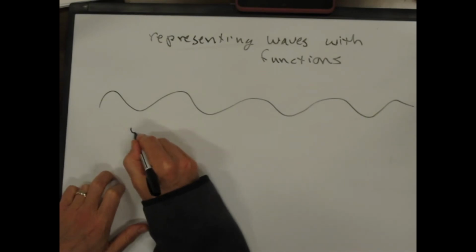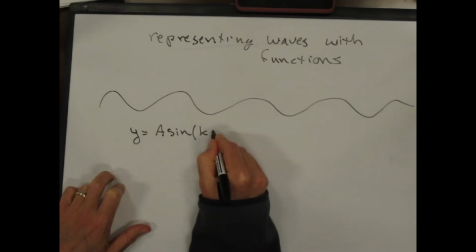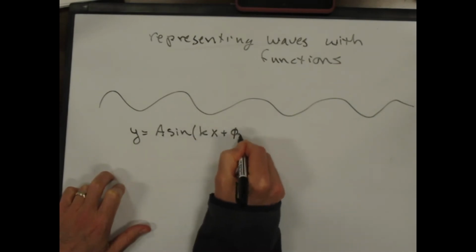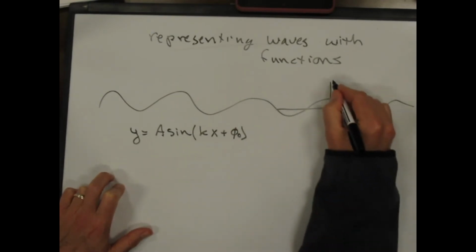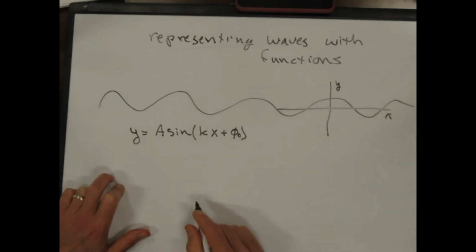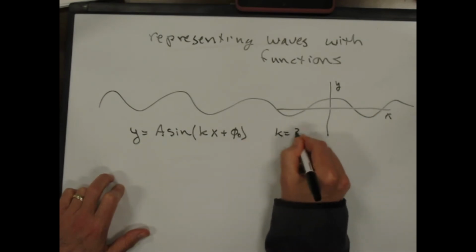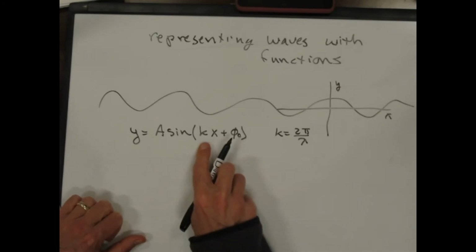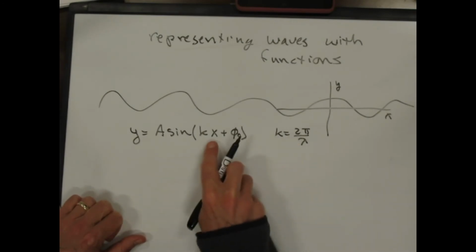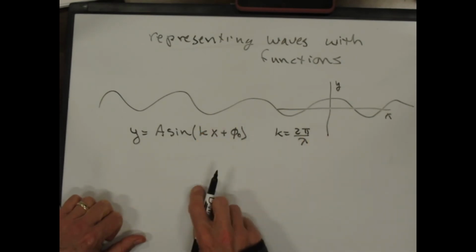I can say y is equal to A times sine of kx plus some phase, and if this is my coordinate system, there's y and my x direction. In this case, I have a cosine, so that would be a pi over 2, and k is equal to 2 pi over lambda. Right, that's what we said. k has to be such that the wave cycles every time x increases by a wavelength, the argument to the sine function increases by 2 pi. And so that's how that works.